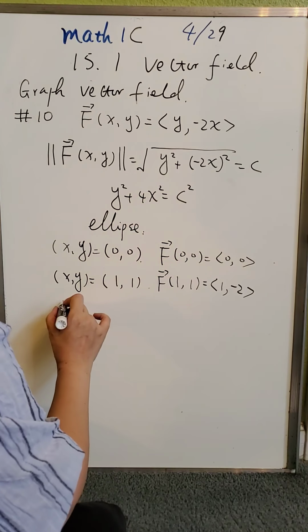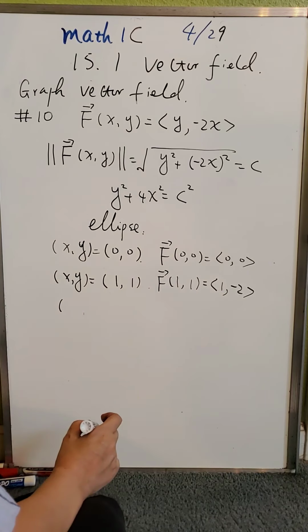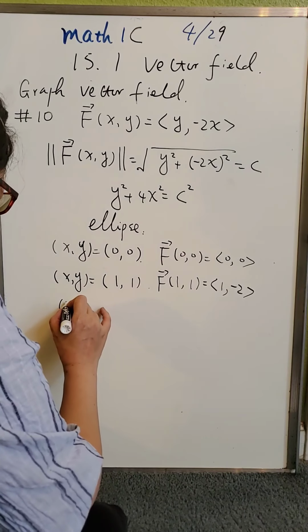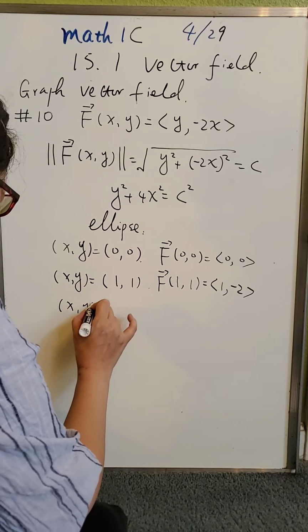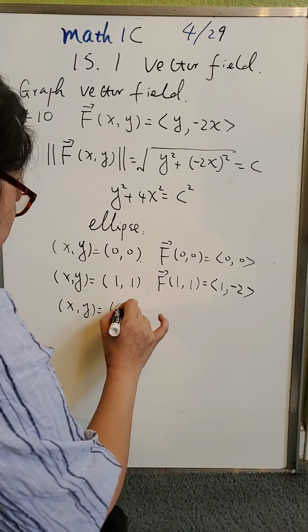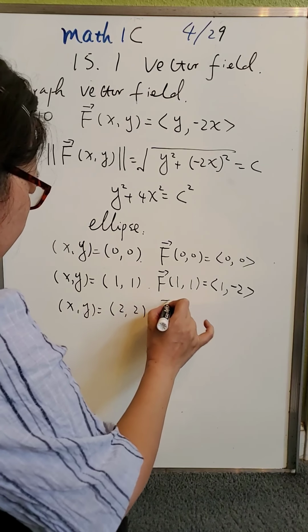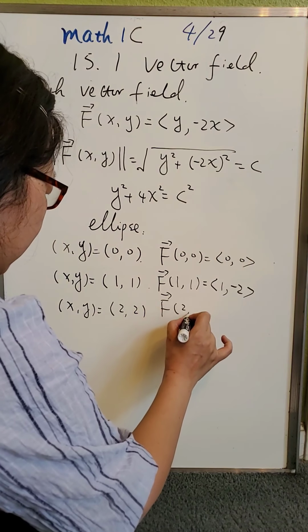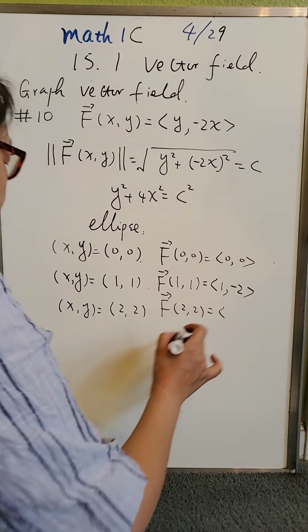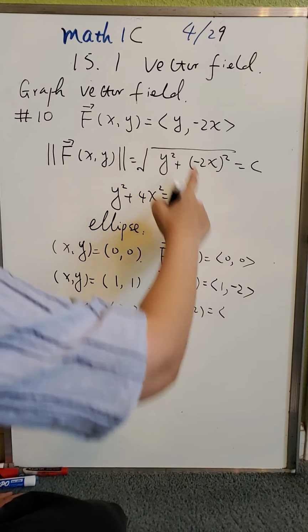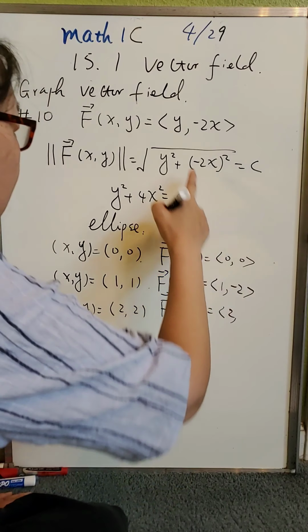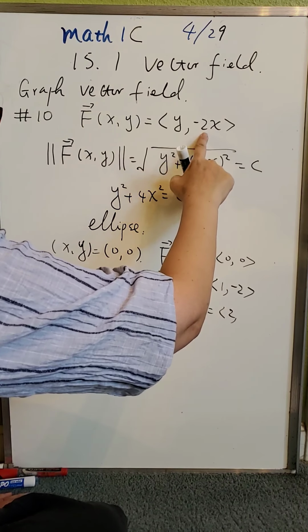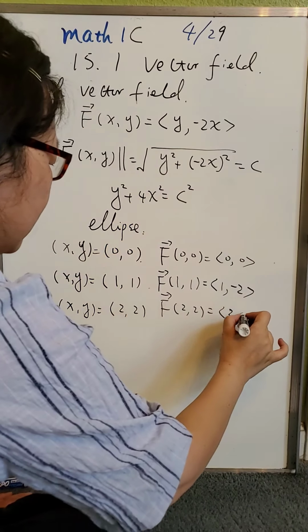And then I want to pick one more point. I pick 2 and 2. Then my f(2, 2) will equal to y is equal to 2, the second part is negative 2 times 2, so it's negative 4.